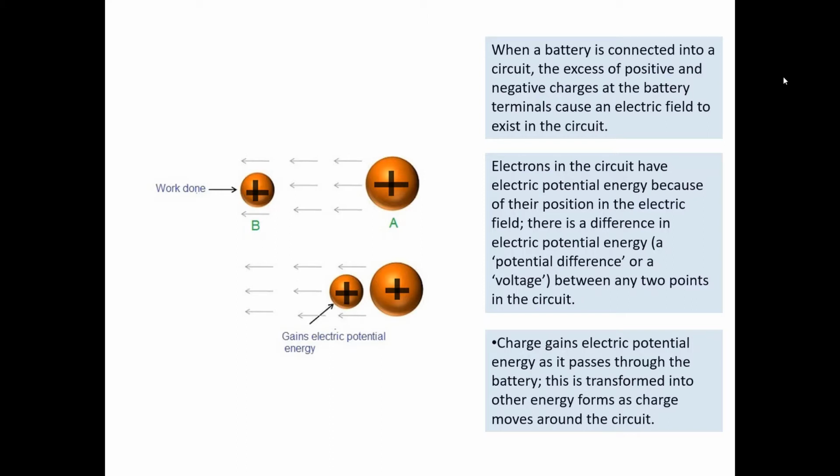Now, why are we talking about this? Because if you are pushing particle B towards A, what will happen if you release it? If you look at the second diagram on the bottom, now that the two positive charges are closer together, what would happen if you release it? Because they naturally repel, think about an elastic band.